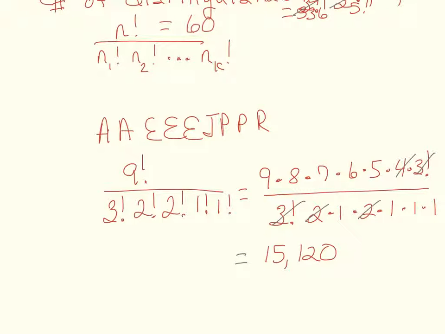We had 3 E's, 3 factorial, 2 A's, 2 factorial, 2 P's, 2 factorial, 1 J, and 1 R. When we listed those out, I stopped at 3 factorial because the 3 factorials canceled. 2 times 2 is 4, which canceled, and when we multiplied that out, we get 15,120. So remember, these are distinguishable permutations.